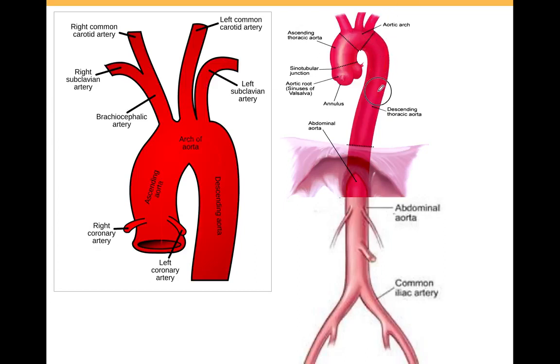Aortic arch starts to come down, and as it comes down in the thoracic cavity it is referred to as the thoracic aorta. We don't need to know the descending part, so I can just draw a line on it.